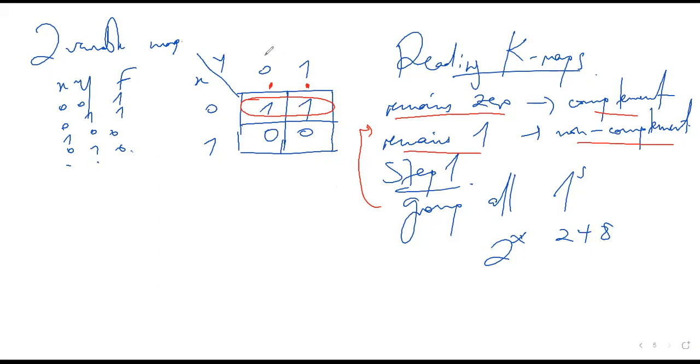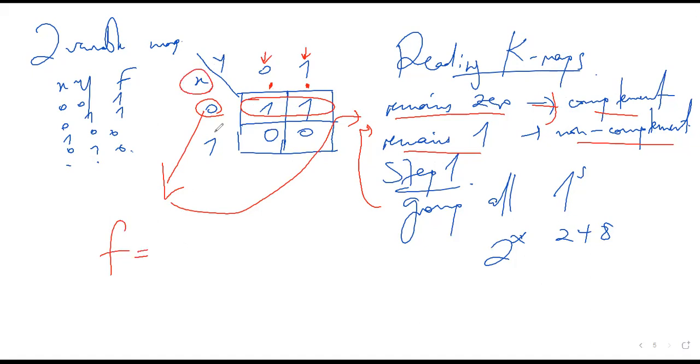It is not, because the variable y changed from 0 to 1, so we cannot use that one. However, the x variable did not change. Where we made our group, this variable remained 0, so we put it in its complemented form. It means this function can be represented by x bar.